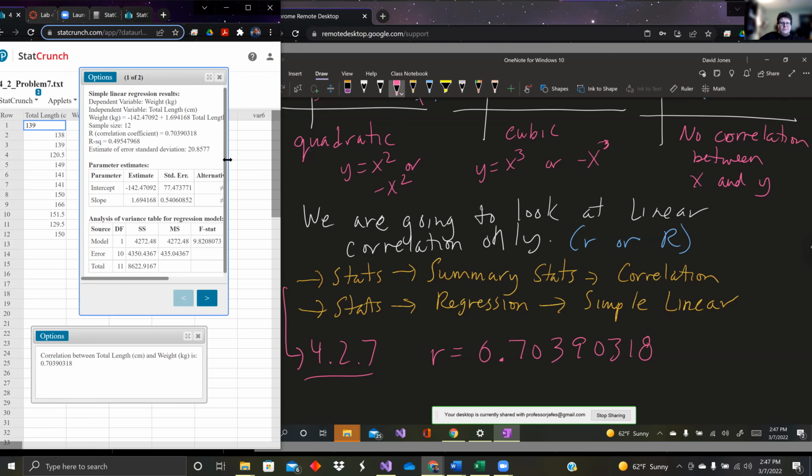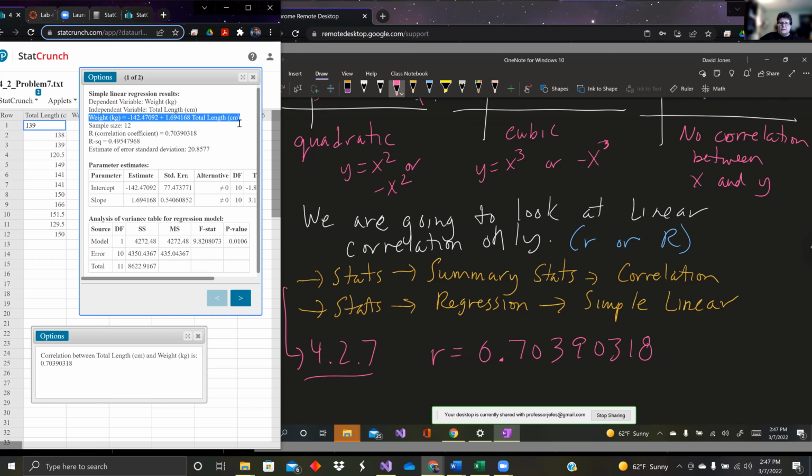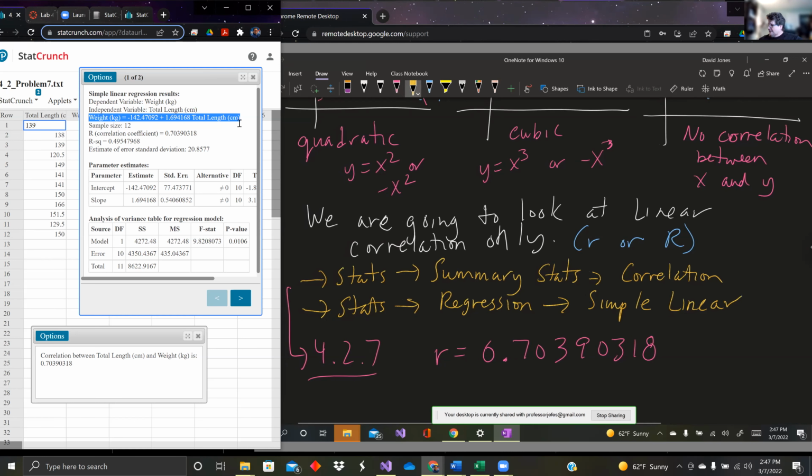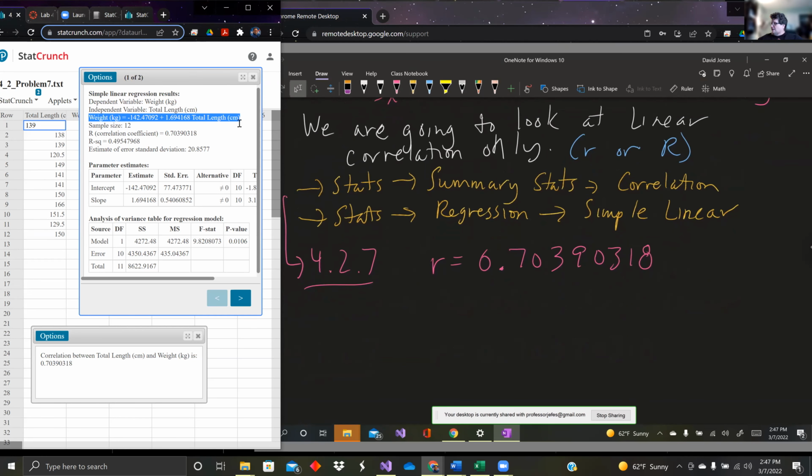This simple linear regression option gives us the same R.